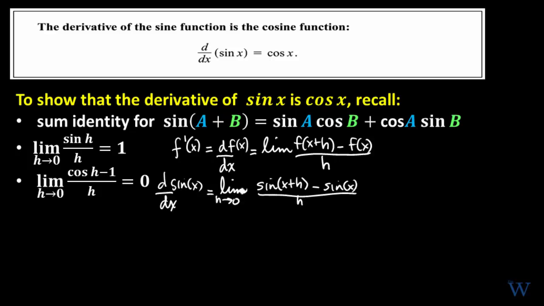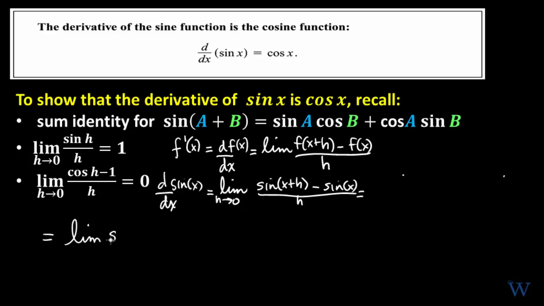So according to the sum identity, that's how we will expand the first term here. So this is now equal to, well, I'm going to write it here so I'll have enough room. It's equal to the limit of, let's expand sine of x plus h using the sum identity for sine of a plus b.